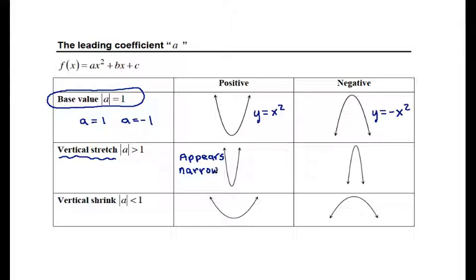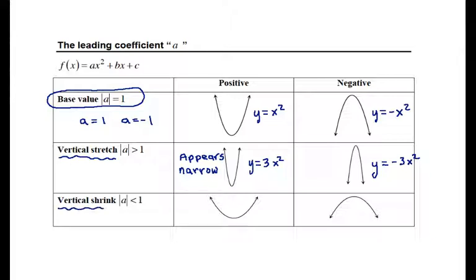But it's still true that if we have a positive leading coefficient, like this could be y equals 3x squared, for example, then the graph will open up. And if we have a negative leading coefficient, for example something like y equals -3x squared, then the graph will open down.